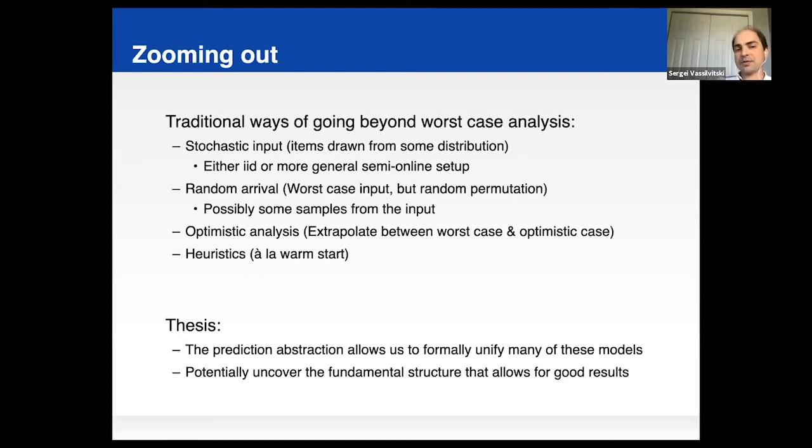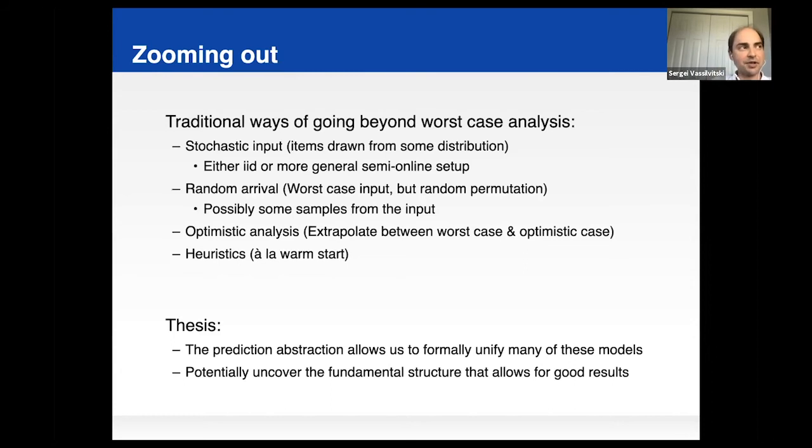We talk about problems with random arrival, the secretary problem being the usual example here. There's really interesting work on what I call optimistic analysis, where you assume your data follows a particular distribution, and if your assumption is correct, you get really good results. And if it's incorrect, you get some worst case guarantees. And so you lie somewhere in between.